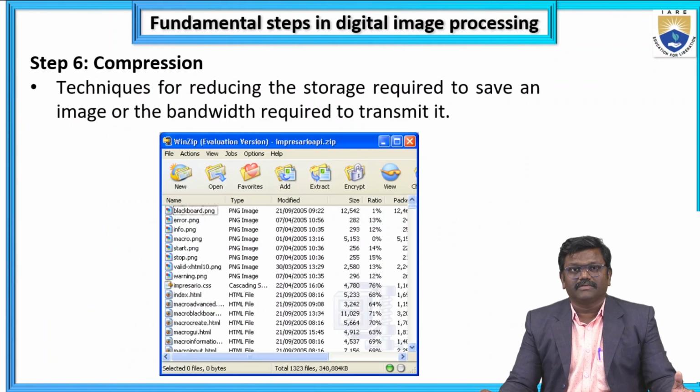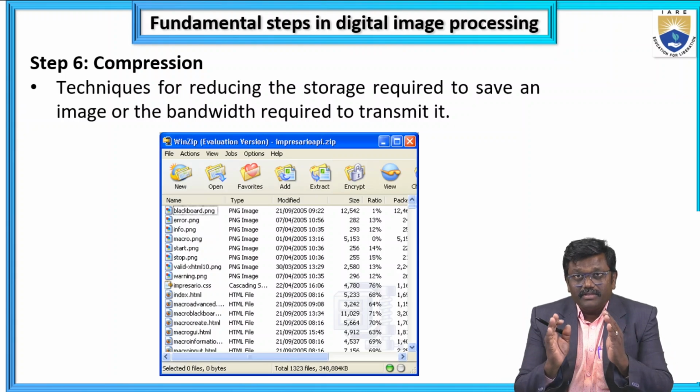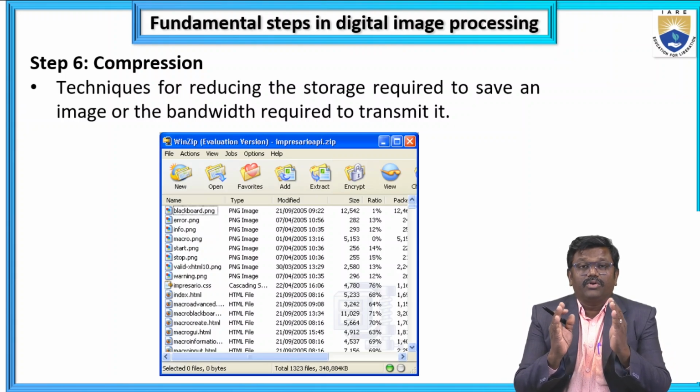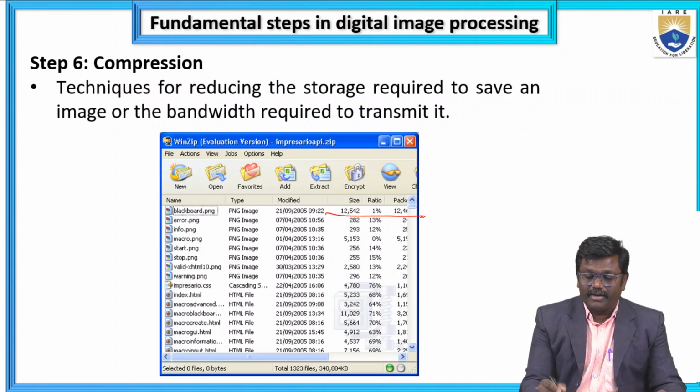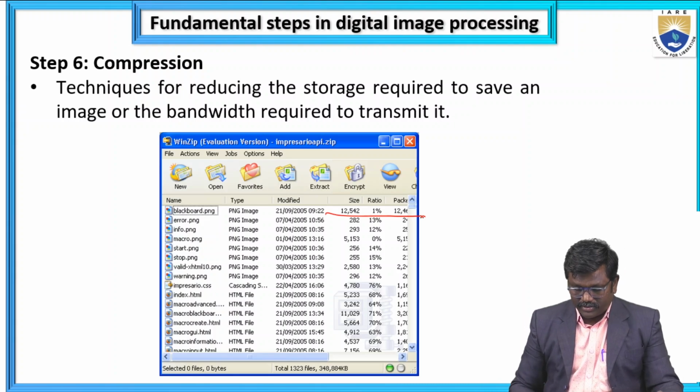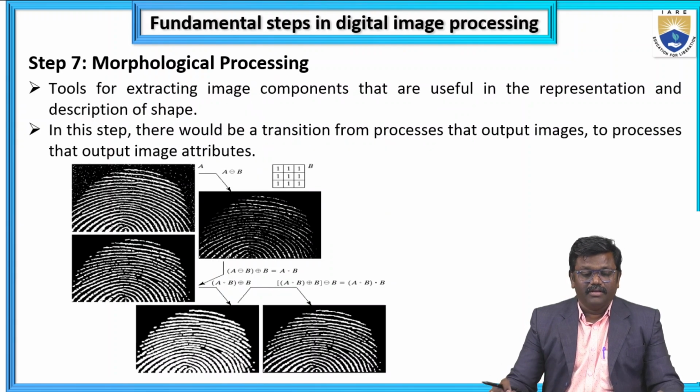Compression, as we discussed at step number 6, is a technique for reducing the storage required to save an image or the bandwidth required to transmit it. It happens at step number 6.